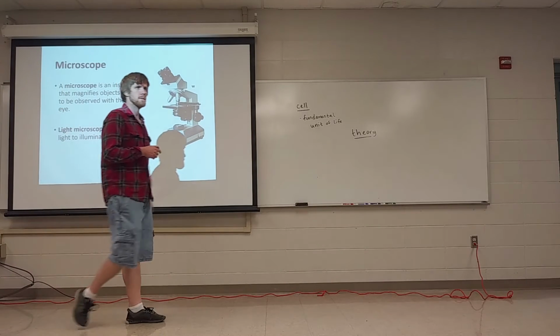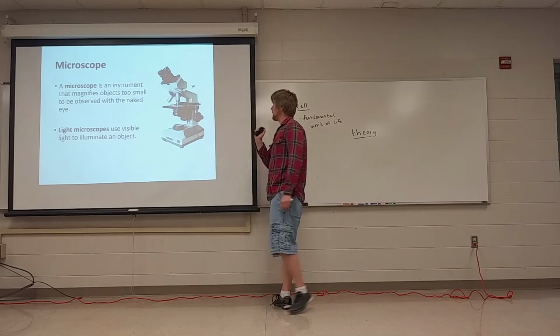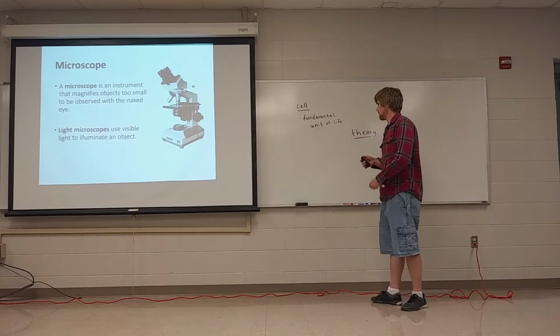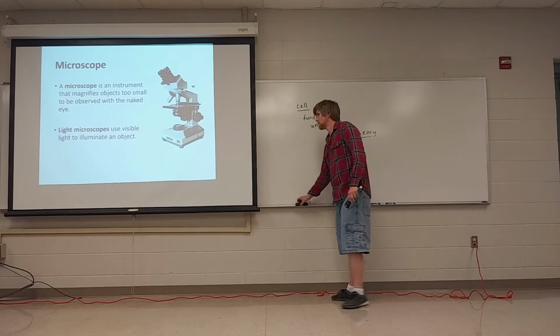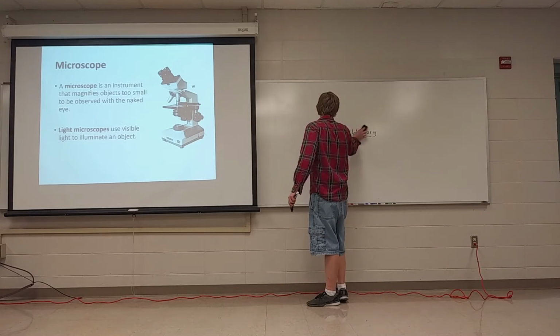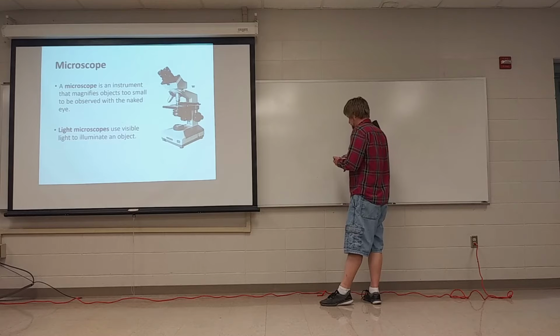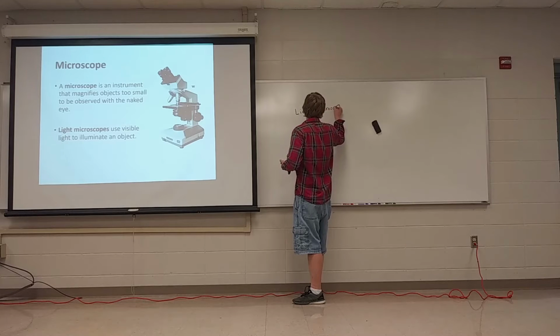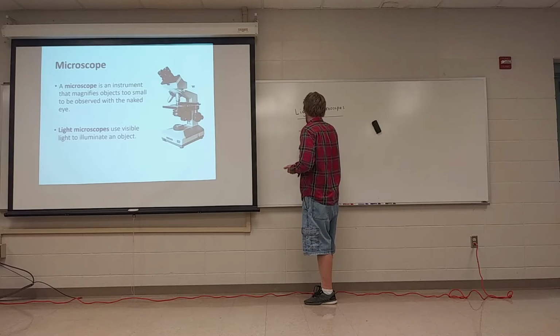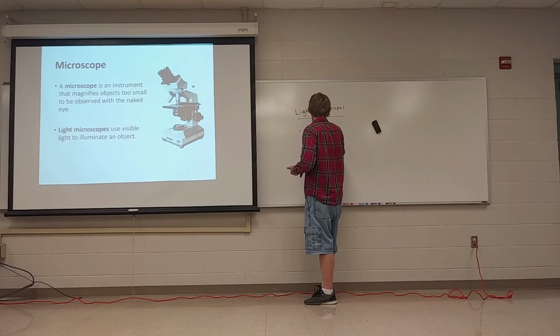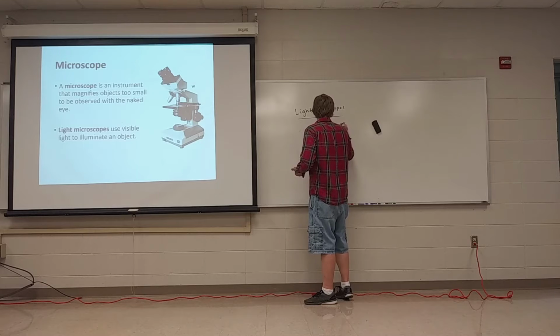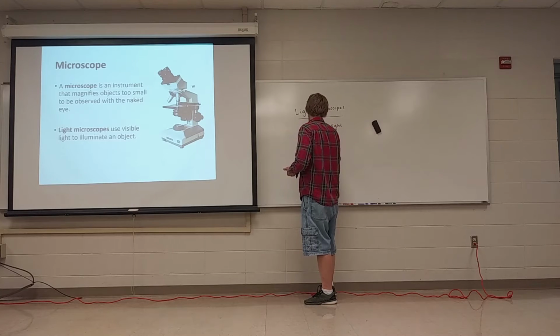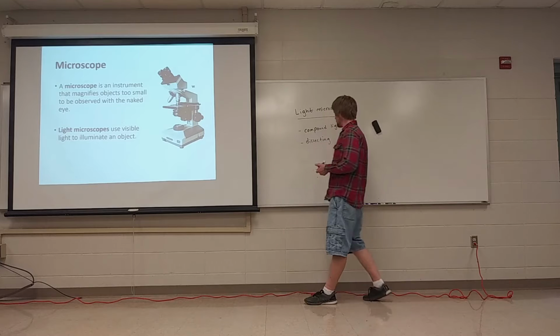There are 2 major types of microscopes. This is a compound light microscope. It is one of two different types of light microscope that we have. So light microscopes, as the name implies, use visible light to illuminate an object. The two different ones of these that we have are compound light and a microscope called a dissecting scope.